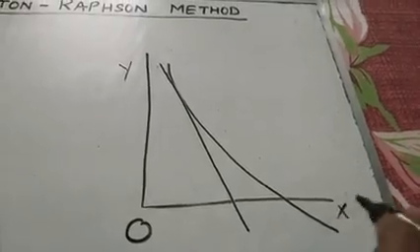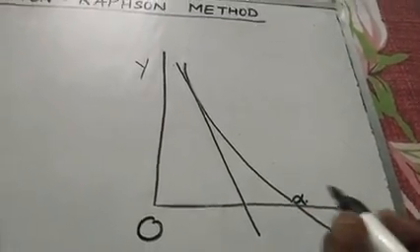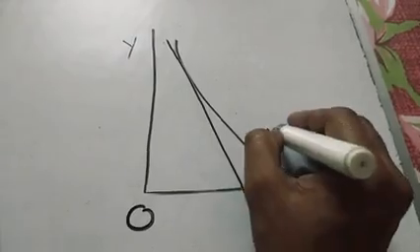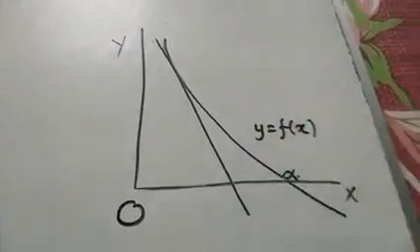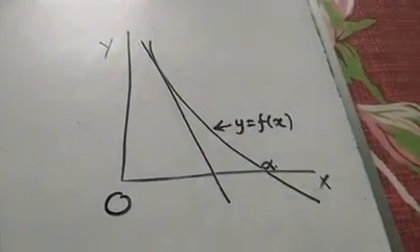Okay, this is the x-axis, this is the point alpha, and this curve is your y equals f of x.